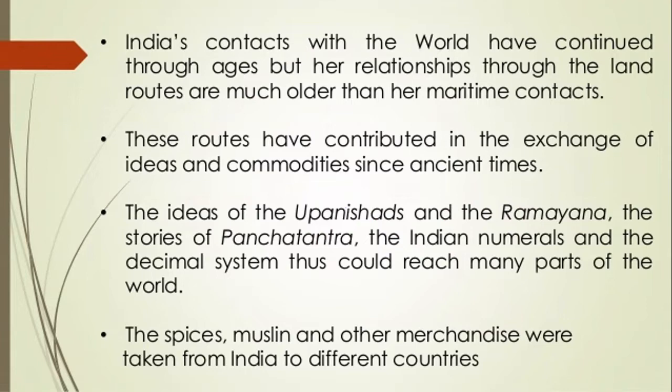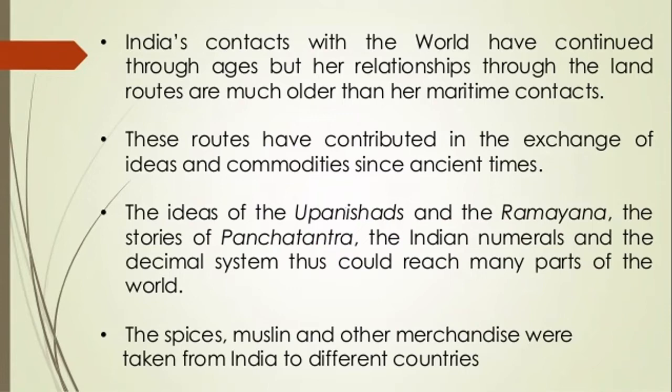The various passes across the mountains in the north have provided passages to the ancient travelers, while the ocean restricted such interaction for a long time. The reason the land routes are older than the maritime contacts is because the passes in the mountains in the north provided passages to the ancient travelers, while the oceans often restricted such interaction long ago.